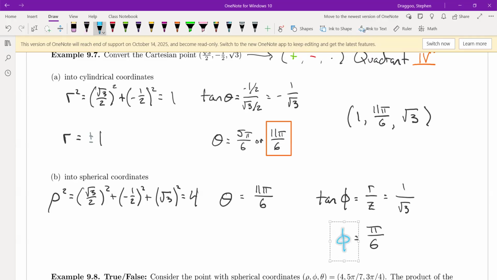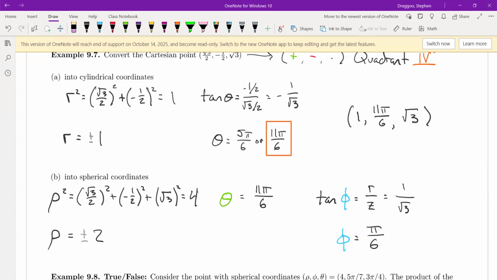Too many 3's. And why don't we start highlighting some of those pieces? I'll try to be clear about when I'm talking about theta versus when I'm talking about phi, because I know it can get a little confusing now that we've introduced 2 angles into our system. And if I want to come back here to figure out what rho was, again, technically could be plus or minus 2, but we'll just stick to positive 2 wherever we can.